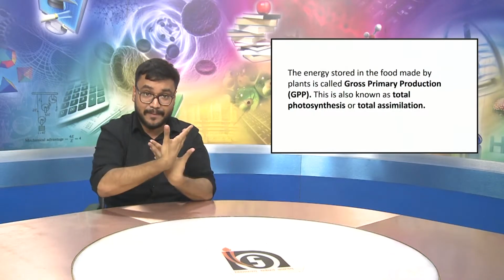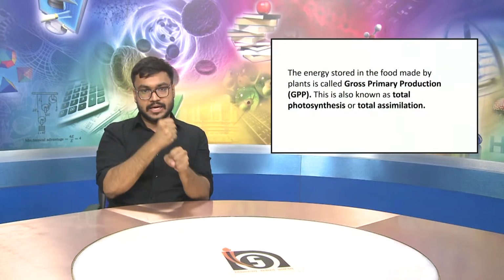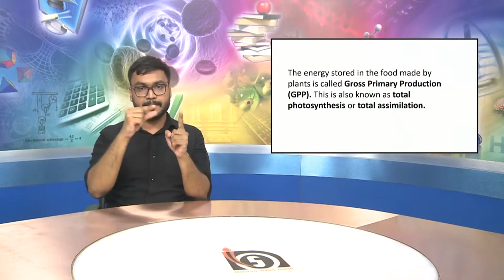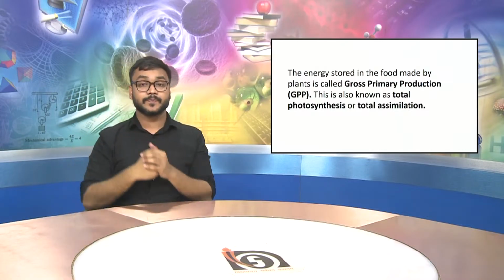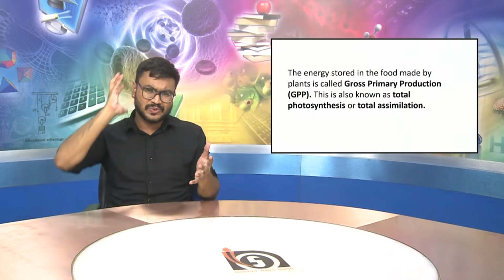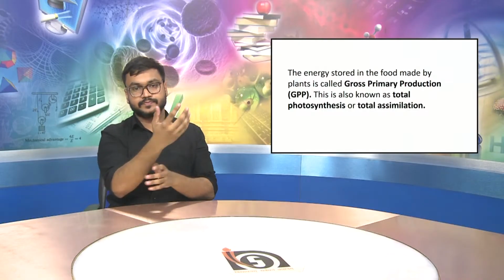The energy stored in the food made by plants is called gross primary production. In short, we can call it GPP. This is also known as total photosynthesis or total assimilation.